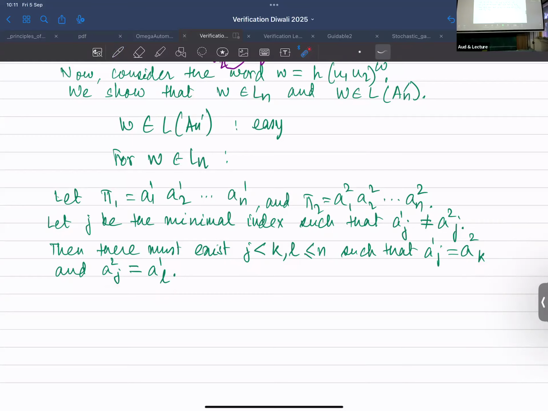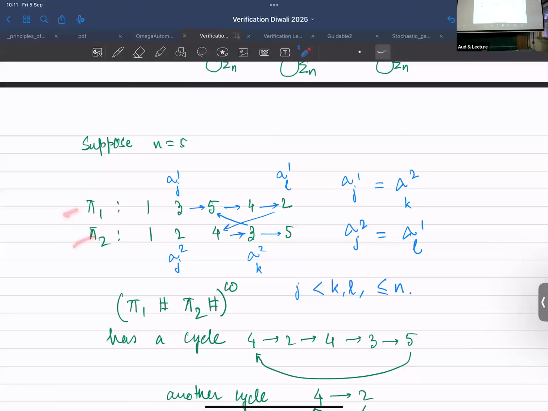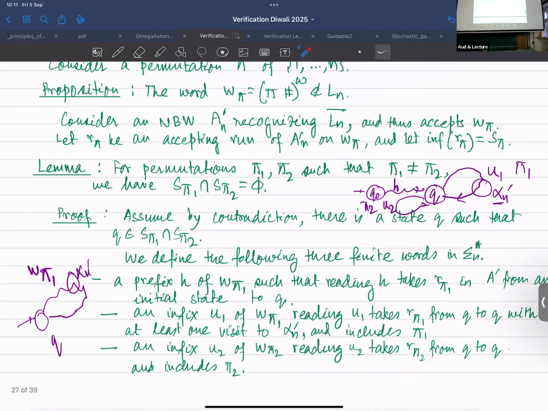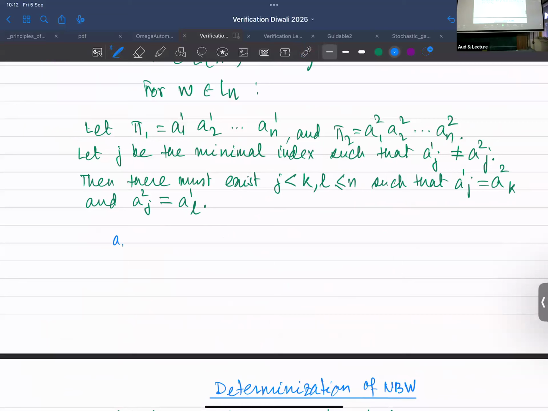Now how will a cycle look like? I want you to formulate it for me. So it will start from, say, aj1. Then it will go till a1l, al minus 1, which is also equal to aj2.